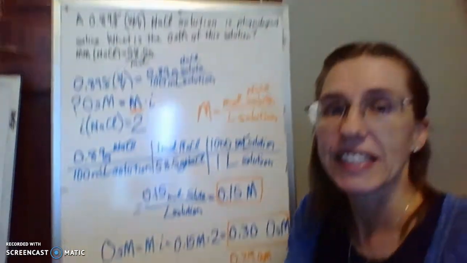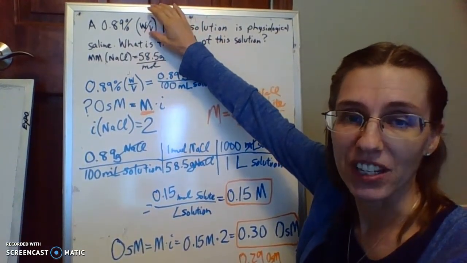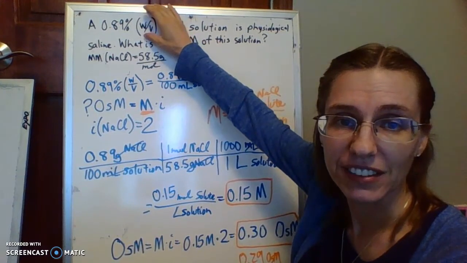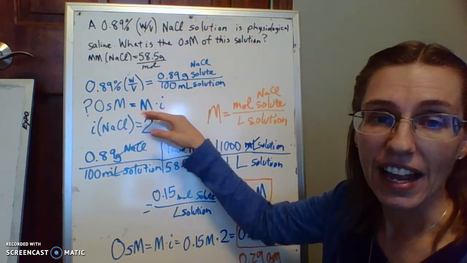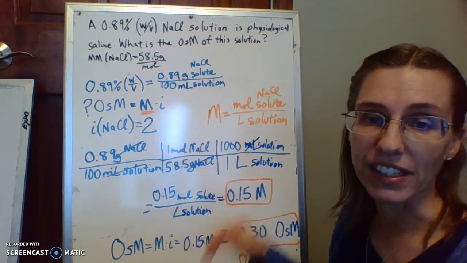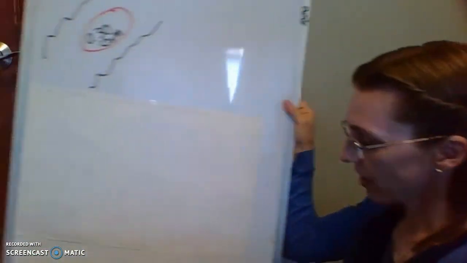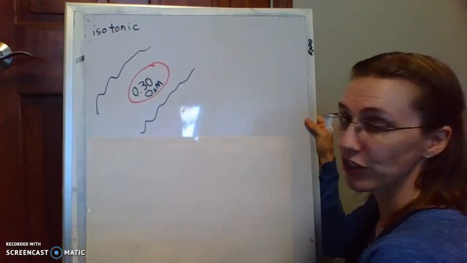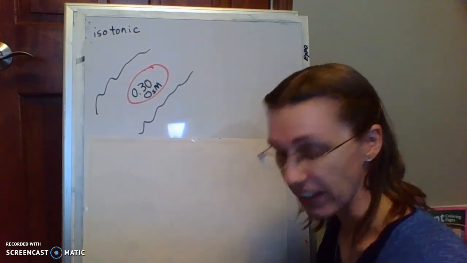So we can take any concentration. It doesn't have to be just molarity. We can take any concentration, we can convert it to molarity, and we can get our osmolarity of that solution. Okay. Now let's go on and talk about how we compare solutions that have different osmolarities.